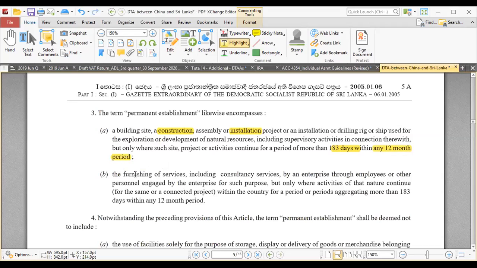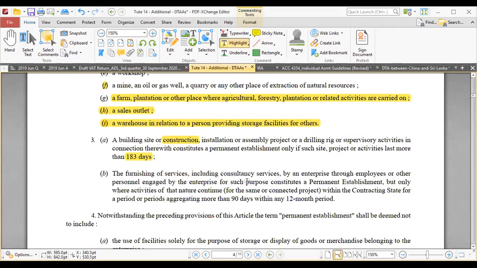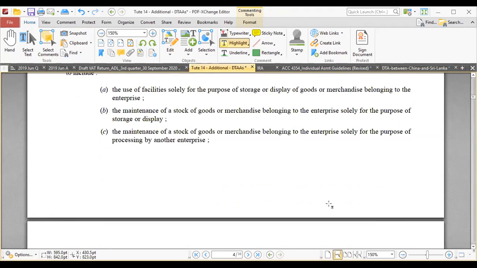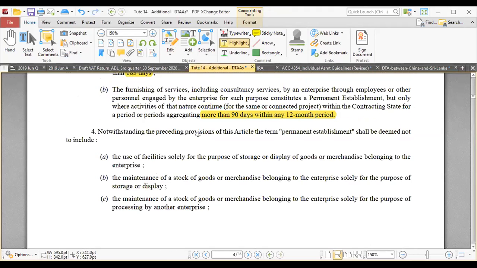Then when it comes to service PE, China says the service should be carried on in Sri Lanka for 180 days in a 12-month period. In the case of India, it says 90 days.